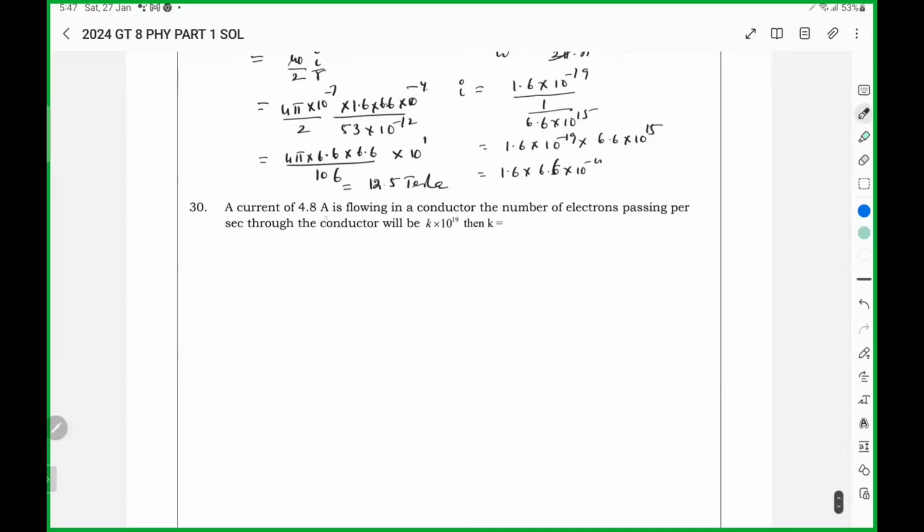Here, current of 4.8 amperes flowing through the conductor. The number of electrons per second.